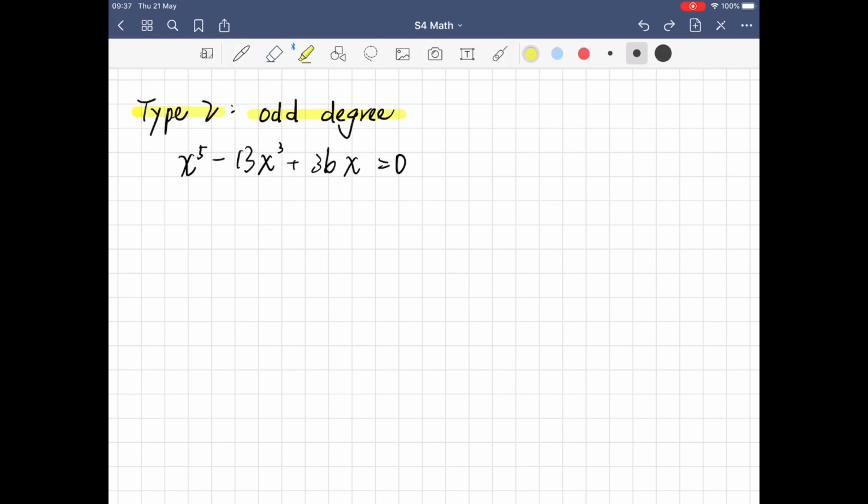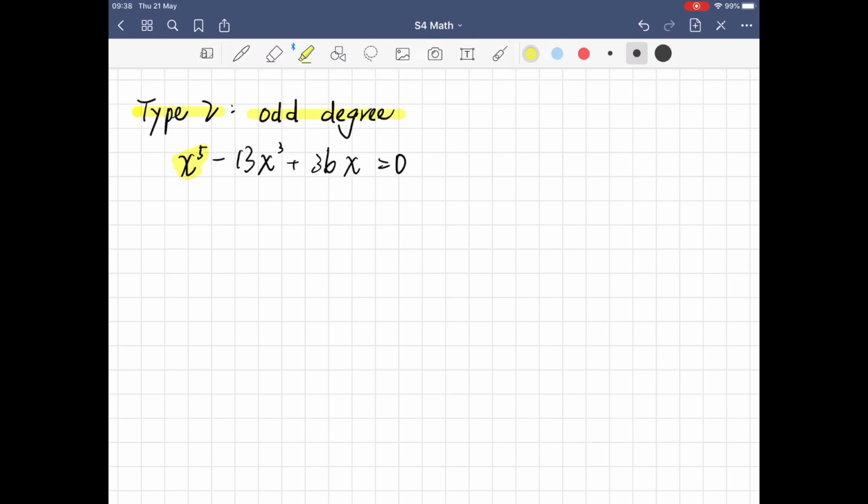After dealing with the even degree equation, the second type will be the odd degree equation. You can take a look at this example, x to the power 5 minus 13x to the power 3 plus 36x equals 0. As you can see, in this case, the highest degree is 5. Therefore, we cannot convert or simplify it with the square.